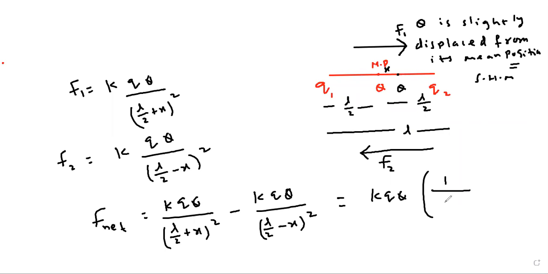Then here it is 1 by (L/2 plus x) whole square minus 1 by (L/2 minus x) whole square. Now, from here it is completely mathematical simplification. We have taken KQq common. Now take the LCM and solve it completely.